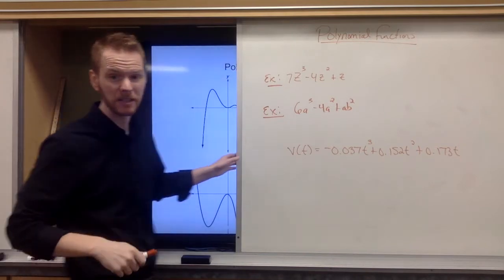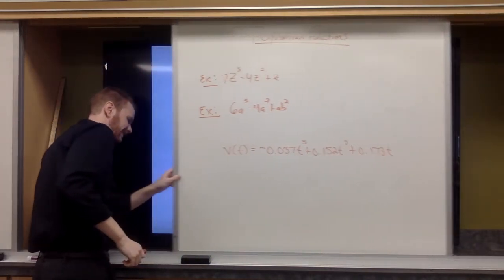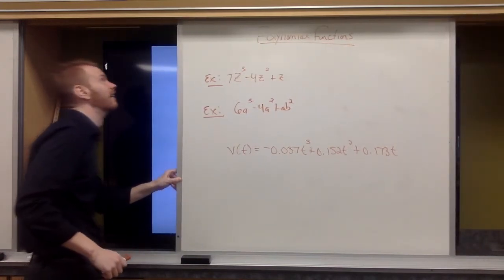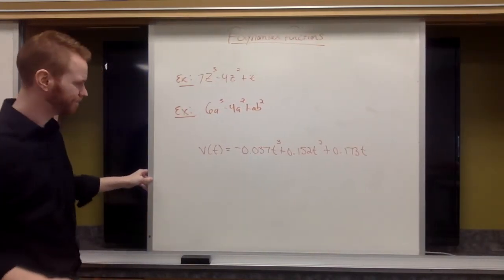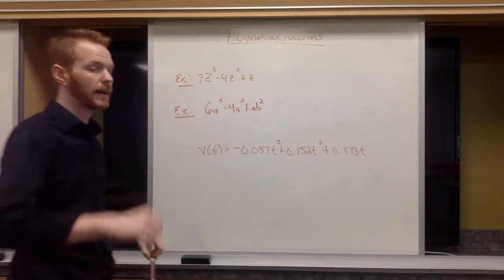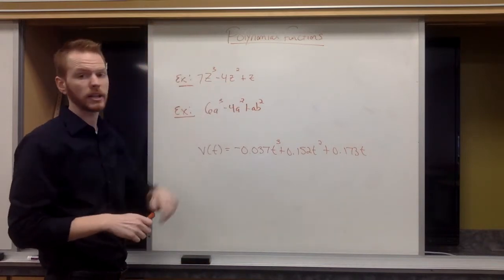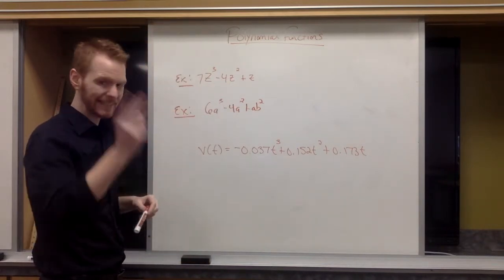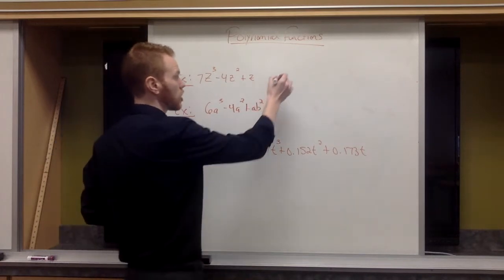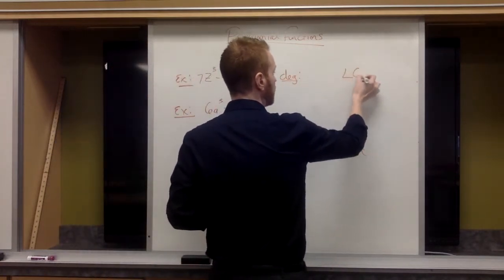Now, let's get back to the examples. Okay, I think we're good. So here's my first example. And what I'm going to do is identify, is it a polynomial with one variable? And for this first example, it is. There's only z's. The second thing I'm going to do is determine what the degree is of this guy and the leading coefficient.